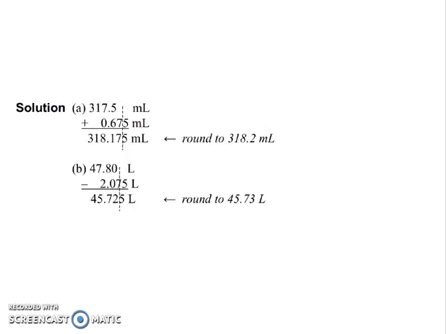For addition and subtraction, you will look for your value that has the lowest number of decimal places. Comparing these two values, the first value has 1 decimal place. Our ultimate answer has 1 decimal place.